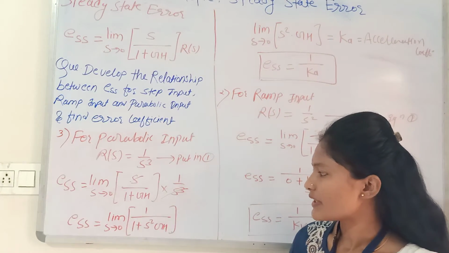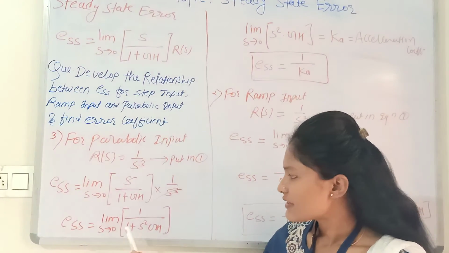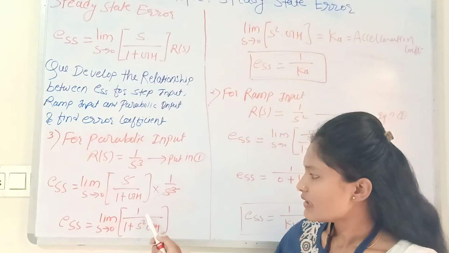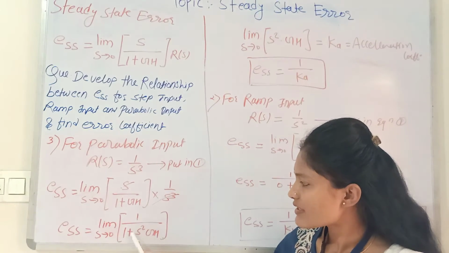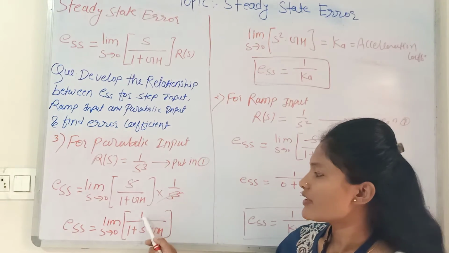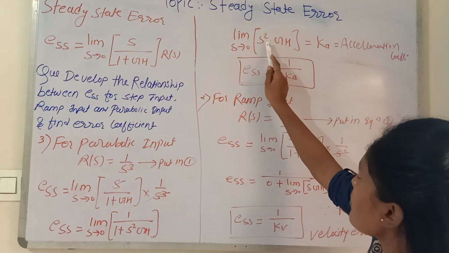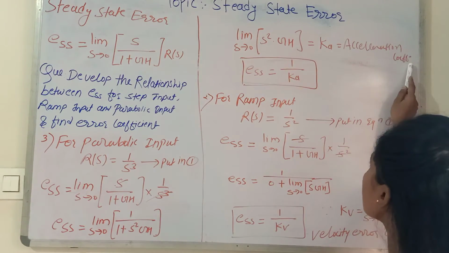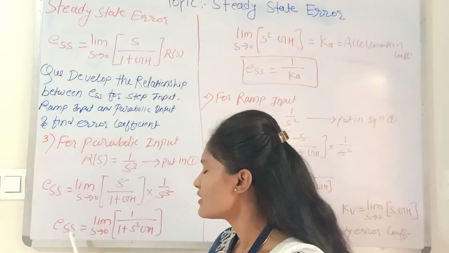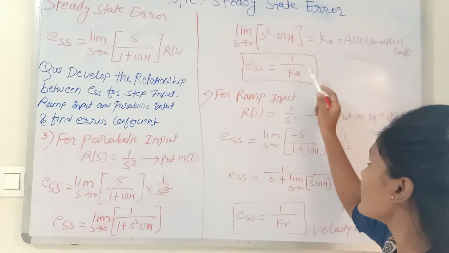Put the limit S equal to 0 here. The limit S tends to 0 of S square into GH is the acceleration coefficient. So finally we get ESS equal to 1 upon Ka.